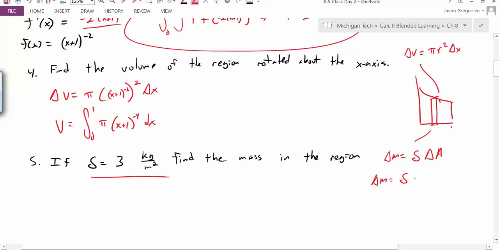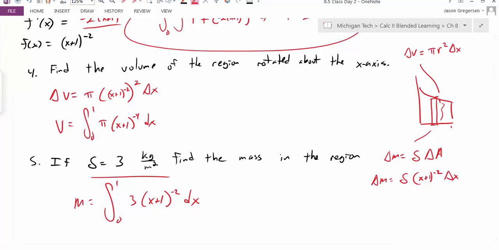And this area is just the height of the side here, which is the function value, (x plus 1) all raised to the negative 2, times the thickness delta x. So that gives me an expression for just the mass in the slice. And the total mass is just adding all those pieces up from 0 to 1. Any questions about that one?